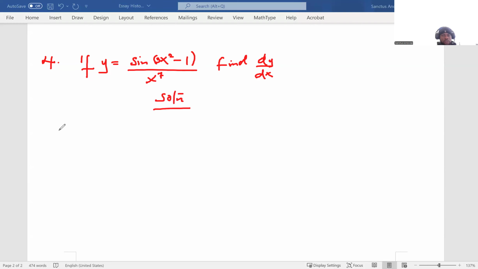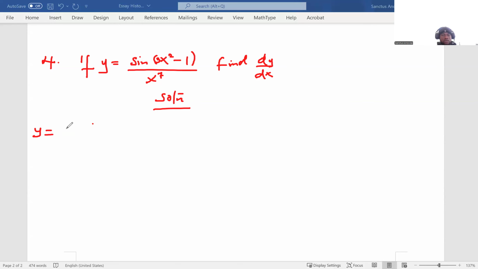All right, so now here we're going to use the quotient rule, and at the same time we would apply the chain rule. Okay, so what we're going to do is, let me do it this way.